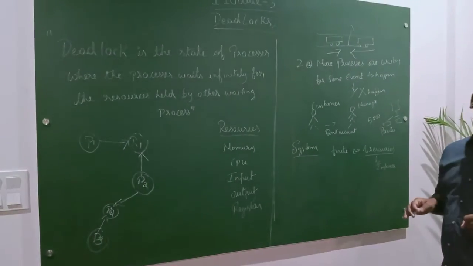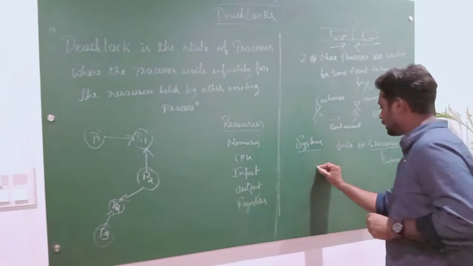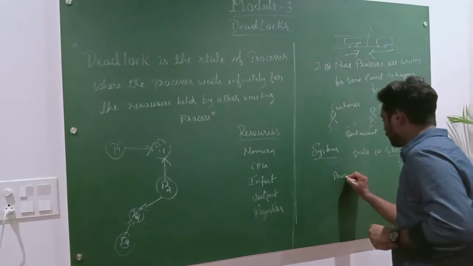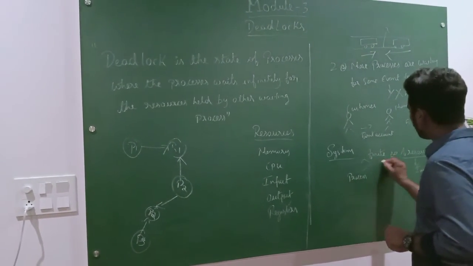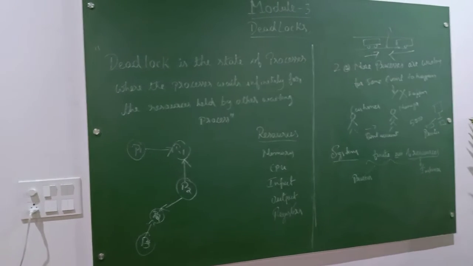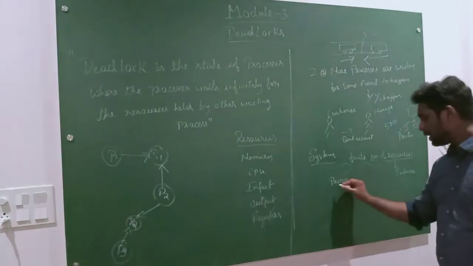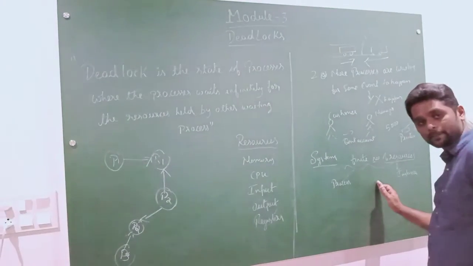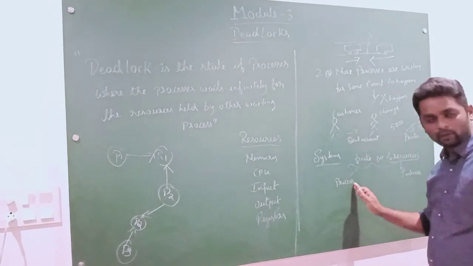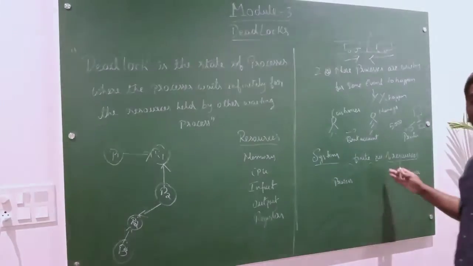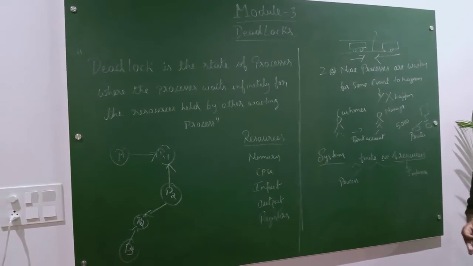It can have a finite number of resources. The particular process can request the number of resources that are available, and multiple processes can share the resources available in your system.